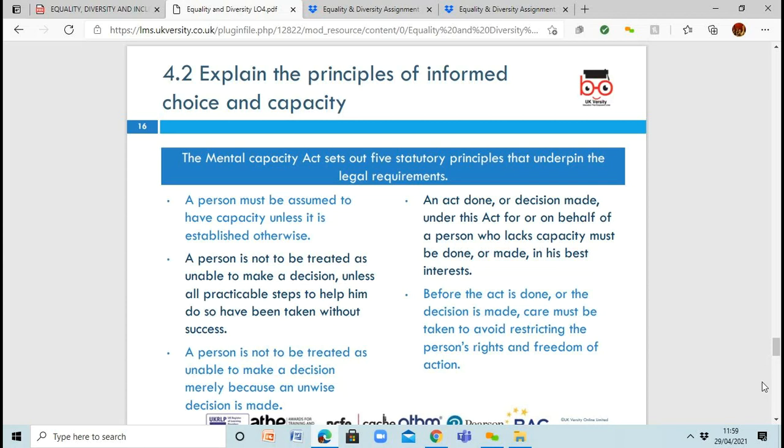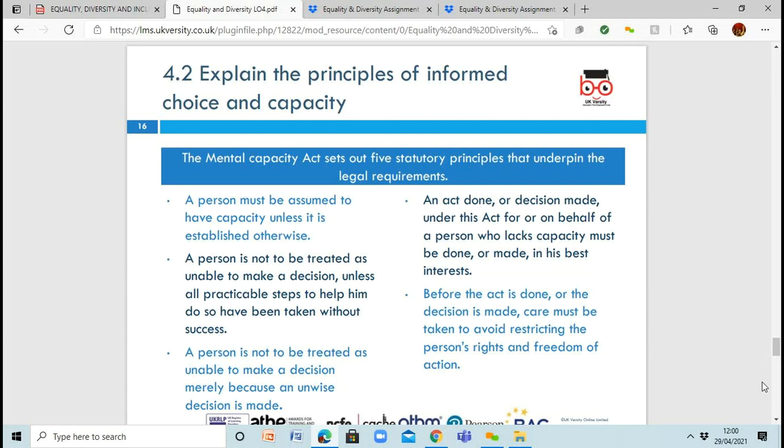A person is not to be treated as unable to make a decision unless all practical steps to help him or her have been done and without success. A person is not to be treated as unable to make a decision merely because an unwise decision is made. So they might not have made a great decision, but it doesn't mean they can't make one, which is where you come into informed capacity. You've got to make sure that they get the right information.